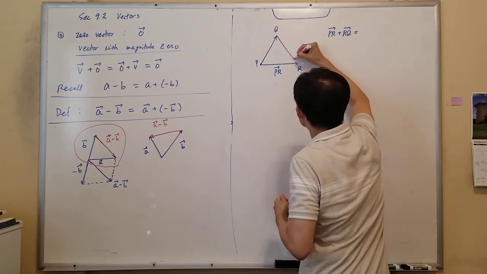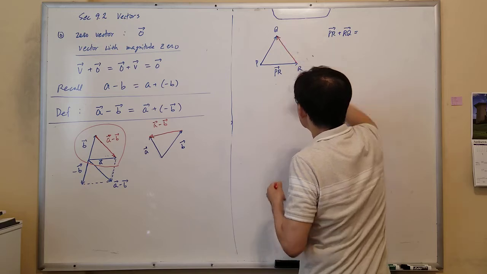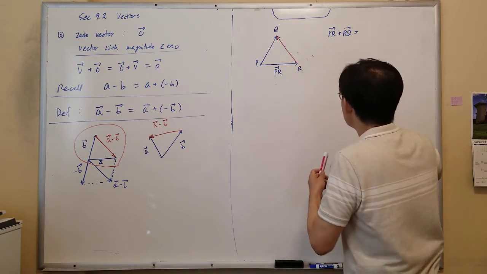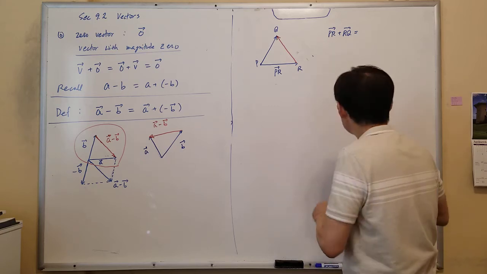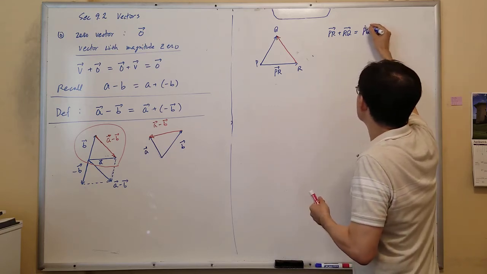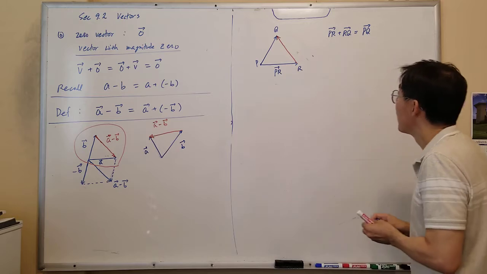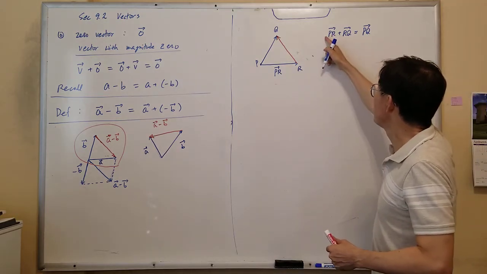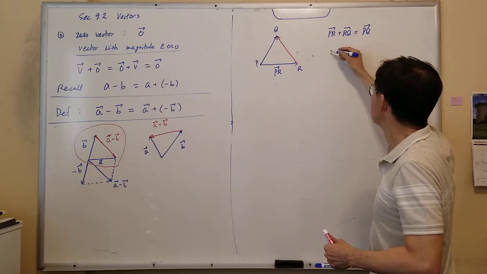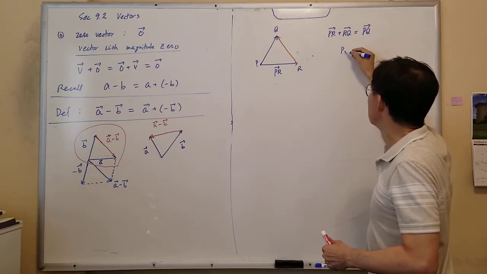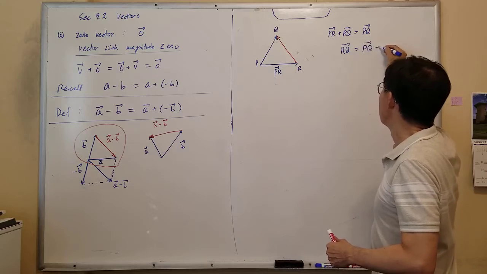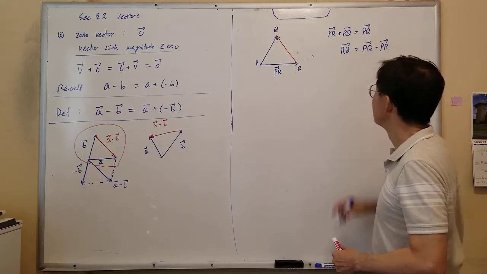So what do you get? PR plus RQ is PQ, isn't it? Now subtract PR from both sides. What do you get? RQ is PQ minus PR, right?